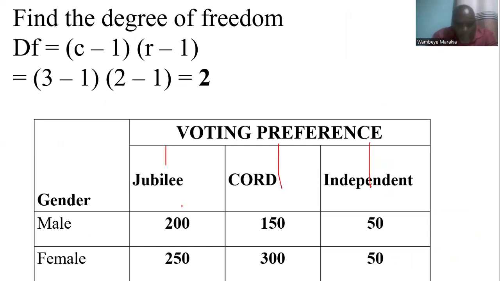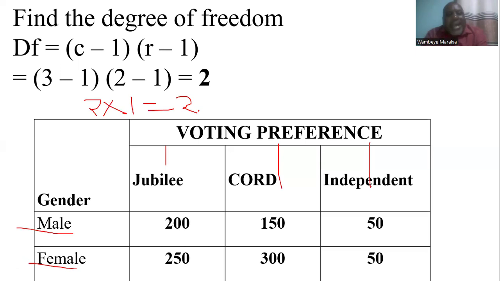There are 3 columns, so 3 minus 1. And how many rows do we have? 1, 2. There are 2 rows, so 2 minus 1. So 3 minus 1 is 2, times 2 minus 1 is 1, which is equal to 2. So our degree of freedom in this case is 2.